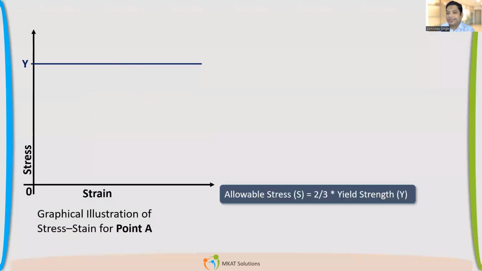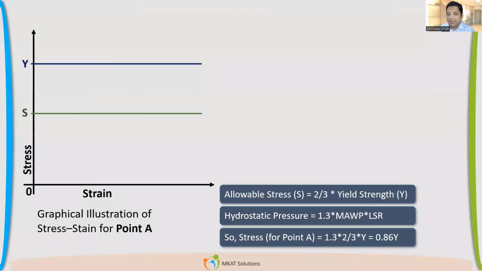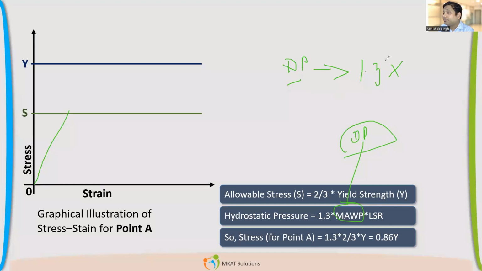So now my question is, let us come back to that stress strain diagram. Now I have increased that design pressure. Earlier I took design pressure, so I was getting the stress up to allowable. If I increase that pressure, let us say by 1.3 times, and consider MAWP equal to design pressure just for simplifying this situation, so my hydrostatic pressure is 1.3 times the design pressure.